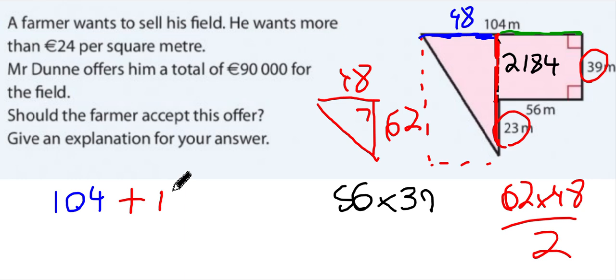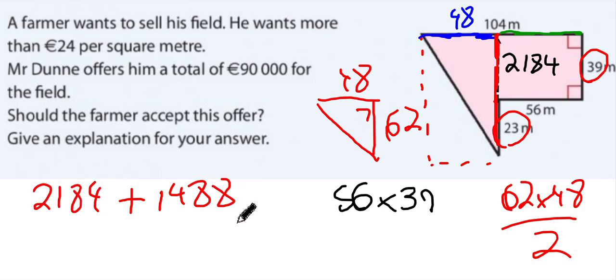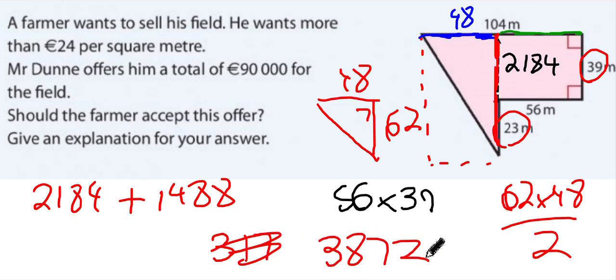1,488. So add the 2,184 to the 1,488. 3,100 and 3,872.